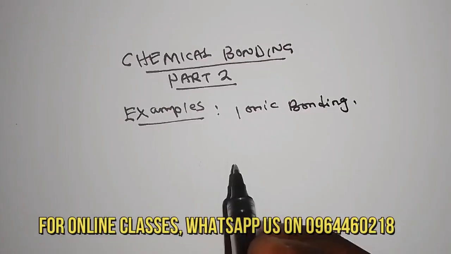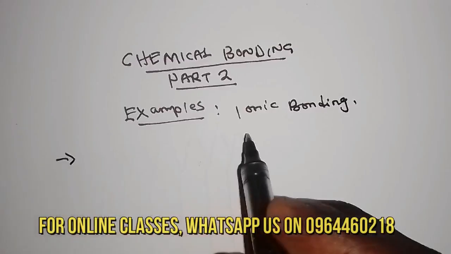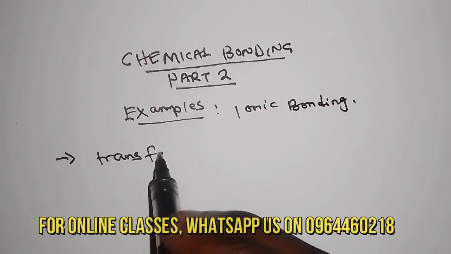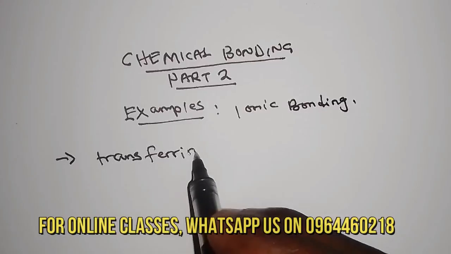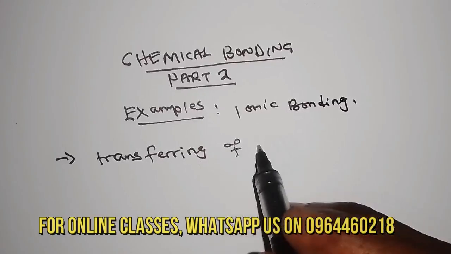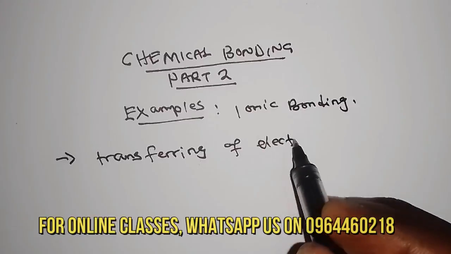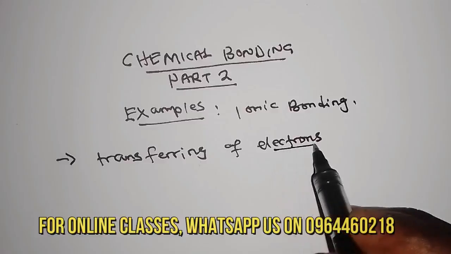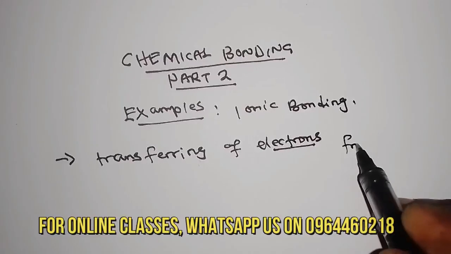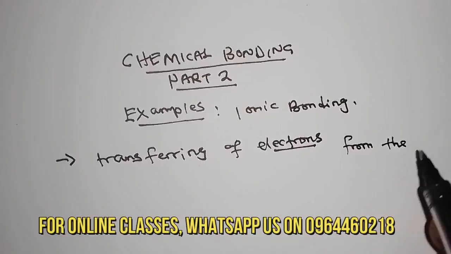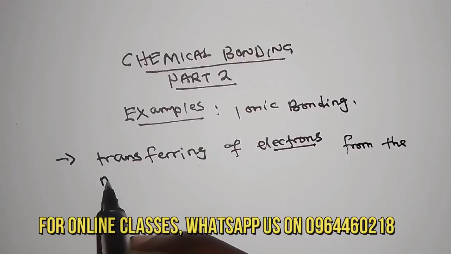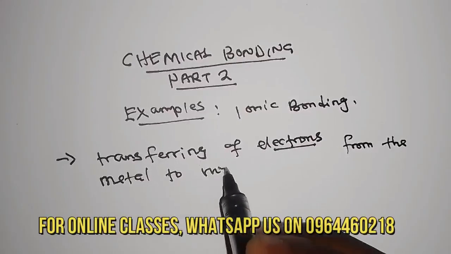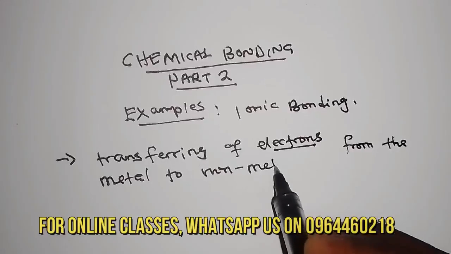Okay, so now remember that ionic bonding involves the transfer of electrons from the metal to the non-metal.